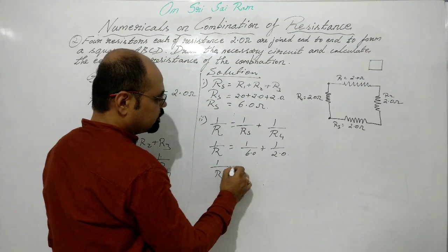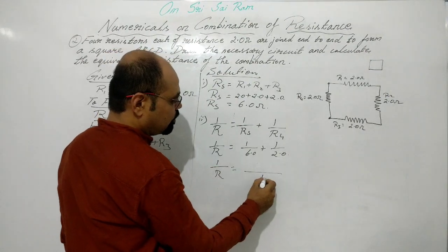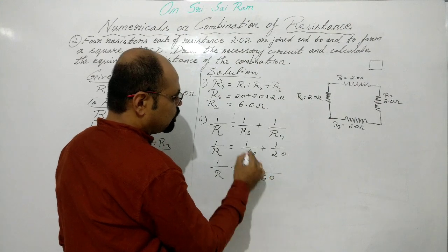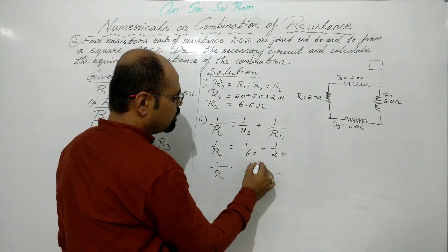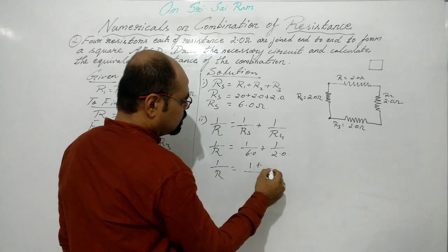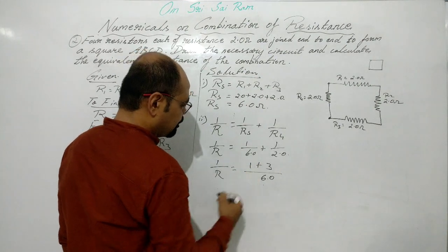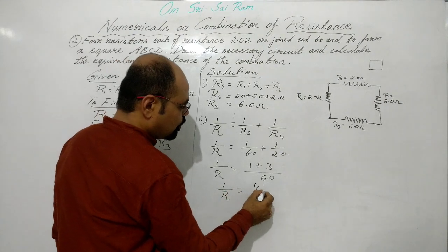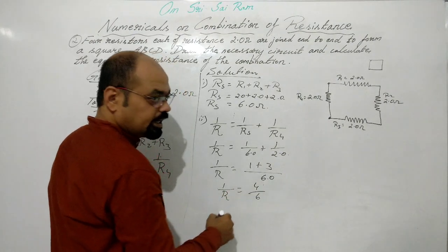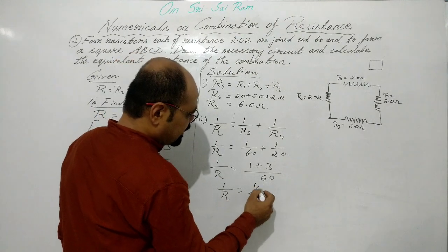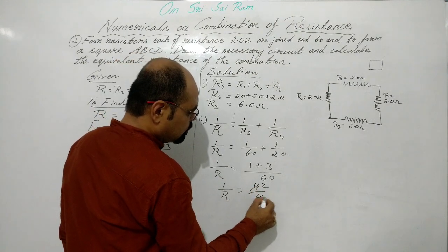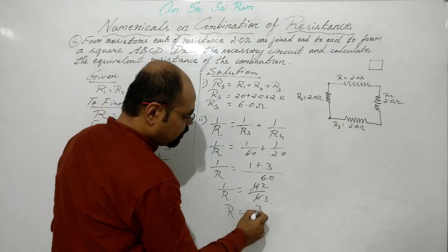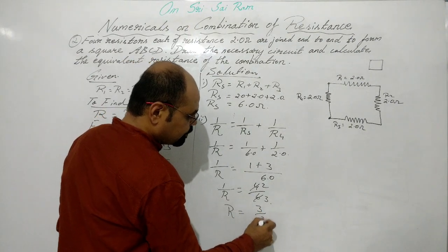1 by R, the LCM of 6 and 2 is 6. So we will be taking 1 plus 3. So 1 by R is equal to 4 by 6. We can cancel it: 2 2s are 4, 2 3s are 6. So R is equal to the reciprocal of 2 by 3, which is 3 by 2.